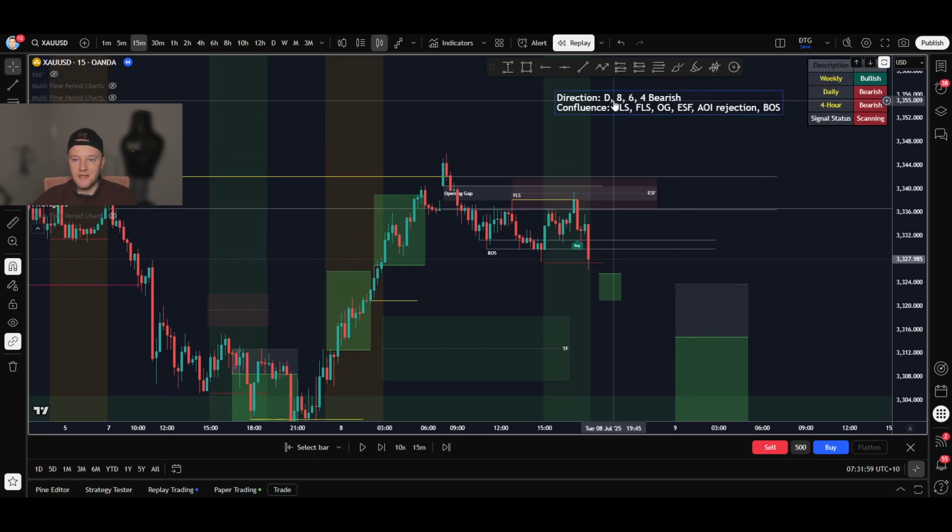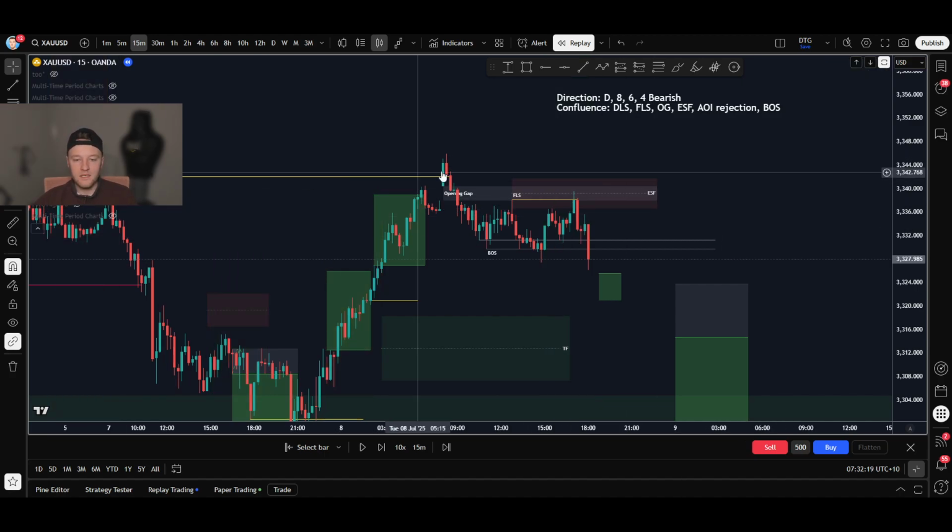Which was the 8-hour and the 6-hour. So we had 4 out of our 6 key time frames showing bearish, so that is our direction. And now we're waiting to build confluence, and already we have 1 point of confluence. Now I don't need to focus too much on the buy signal right here because it didn't get activated. It was an invalid signal, but we're not looking at buys anyway. We're looking at the sells.